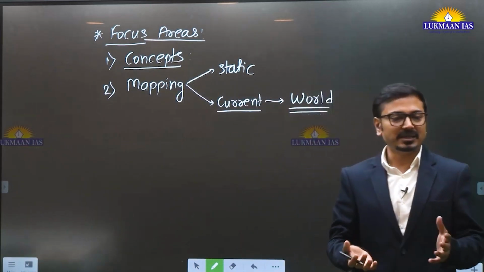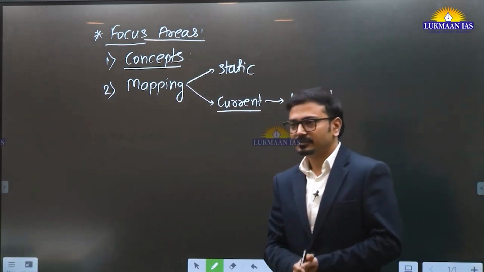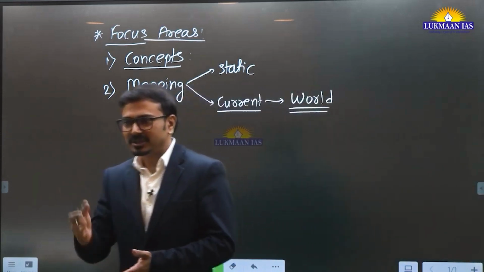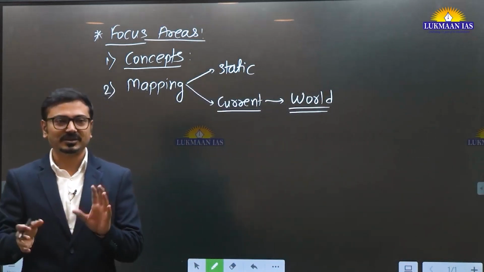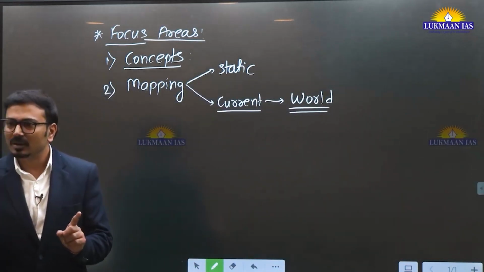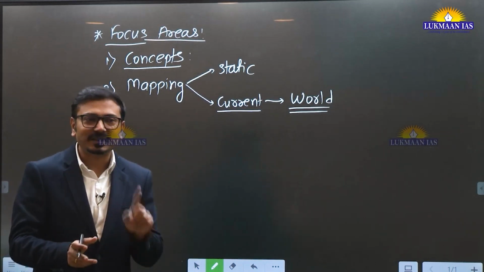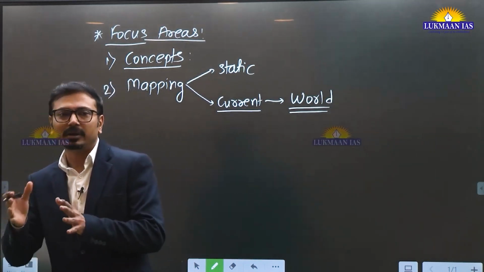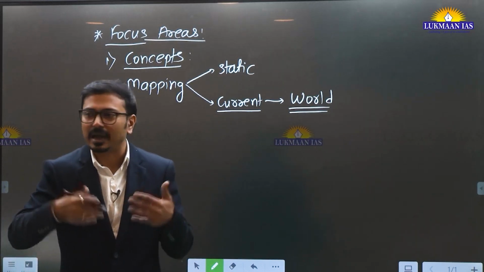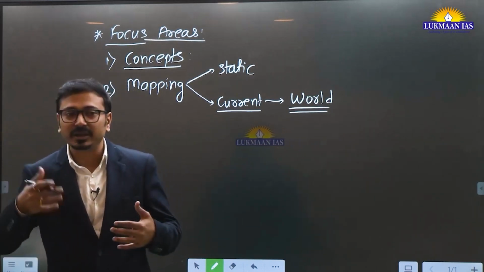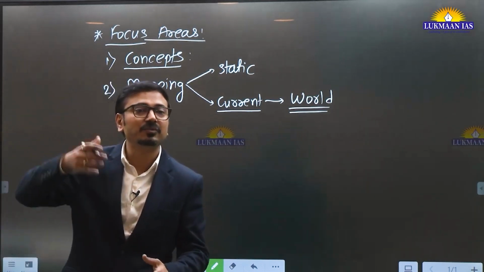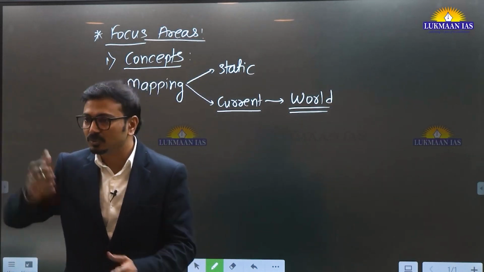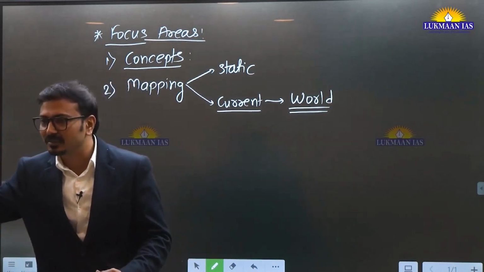For example, last year they asked about Sudan, and they mentioned conflict between armed forces and paramilitary forces. Then they asked about Argentina. That means socio-economic and political crisis, if it is happening at a very large level. In Argentina there were very high inflation levels, more than 100% inflation.